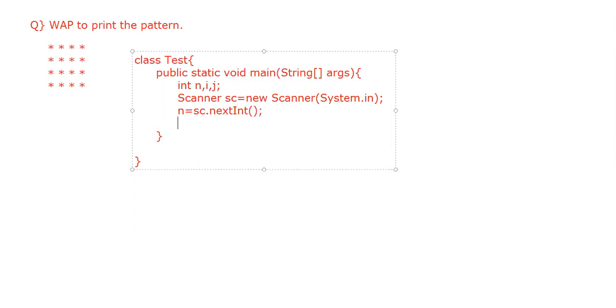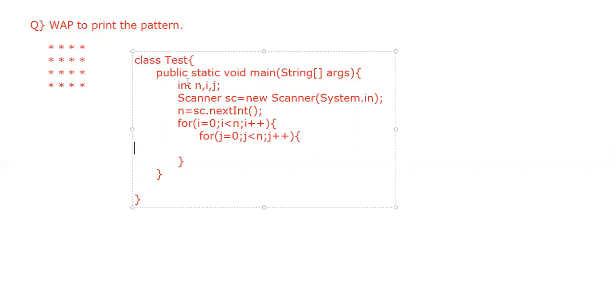Okay, fine. Then again, for i equal to 0, i less than n, i plus plus. For j equal to 0, j less than n, and j plus plus. And I have to print System.out.print.